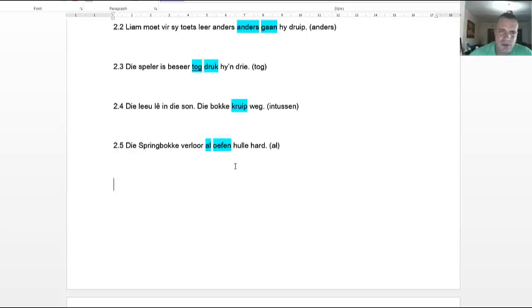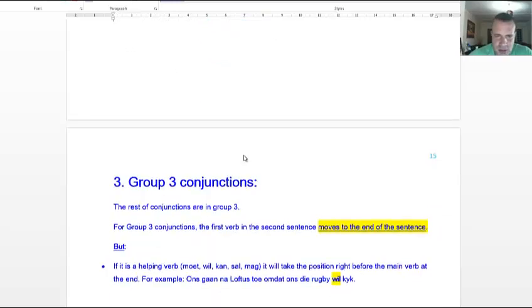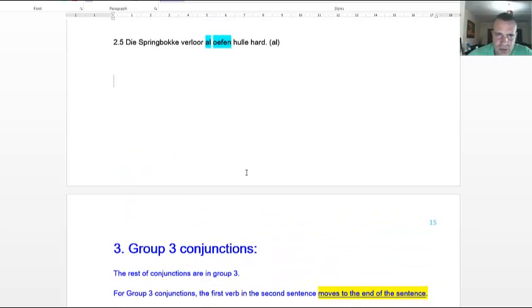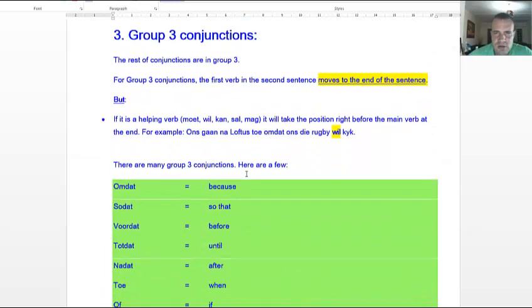Okay, so what happens with group 3 conjunctions? Well, that first verb in the second sentence moves to the end of the sentence. That's where it goes. Or as far to the end as it can possibly go. Sometimes there are some exceptions, but don't stress about that now.